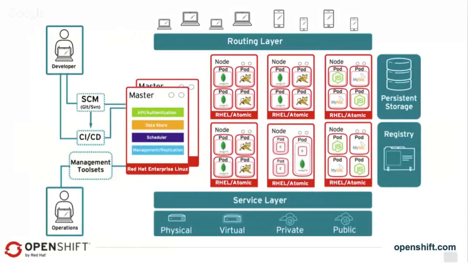So looking into a bit more detail at OpenShift and how it works, you can see on this diagram how the OpenShift cluster looks. You have a master node that will manage all the requests.